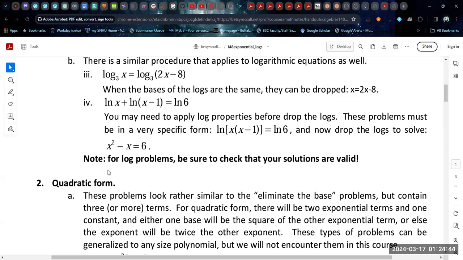Now, as I mentioned before, if you're doing log problems, you have to make sure that the solutions are valid in the original version of the equation. So just like in this previous example, if we were to get a negative answer for either of our x values, log of a negative number would not be defined, and we would have to throw it out.